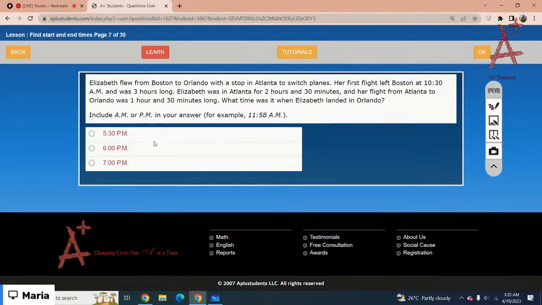So it would be 10:30, 3, 4, 5, 5 hours 30 minutes, 6 hours and 7 hours. Go back 7 hours, 10:30. It would be 7 p.m. Got it?